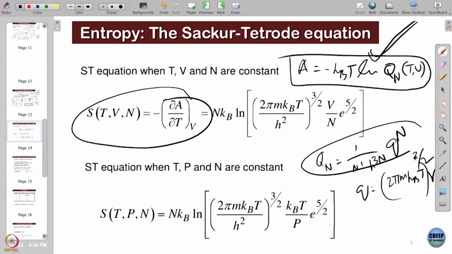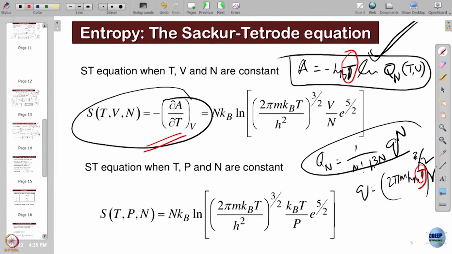The free energy has temperature in two places: one is the temperature T here, and another is in small q here. So when I take this derivative, I have to take care of this temperature and of that temperature. Now I do that. The first one is easy: dA dT, this just goes off. I have kBT ln Qn(T,V), and this is my Qn(T,V). Great.